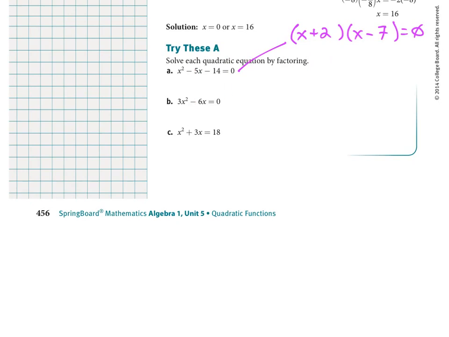All right. After we factor it, we're now going to split each factor and set them equal to 0. So we'll have x plus 2 equals 0, x minus 7 equals 0. One-step equation to solve. Subtract 2 to get x equals negative 2 on that one. Over here, we're going to add 7 to get positive 7 for that answer.